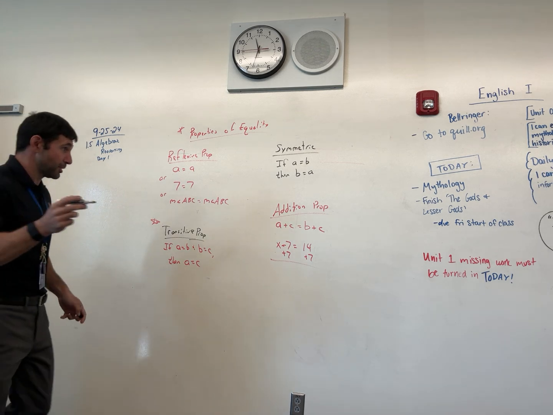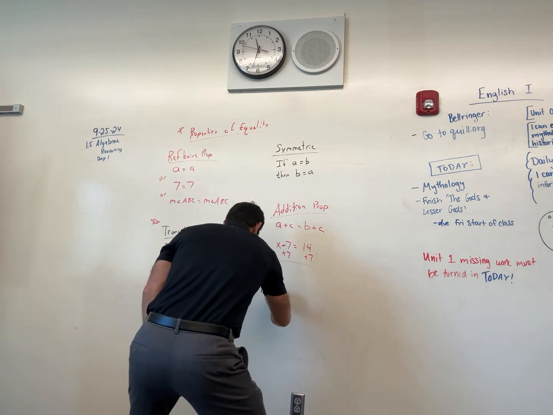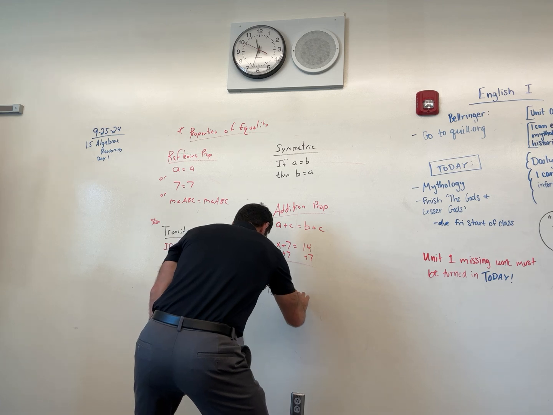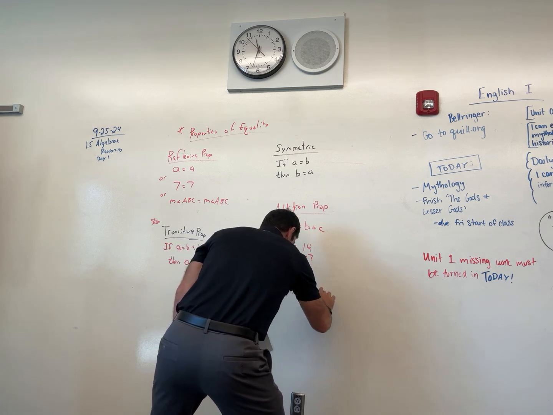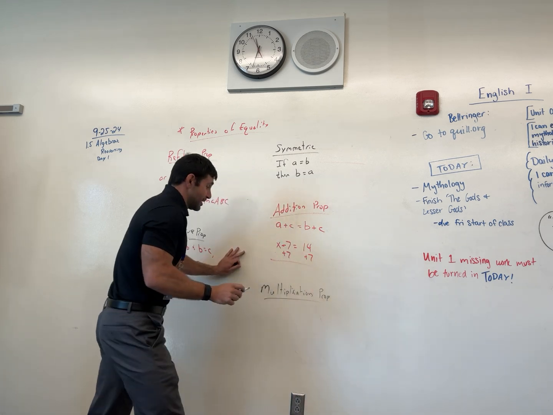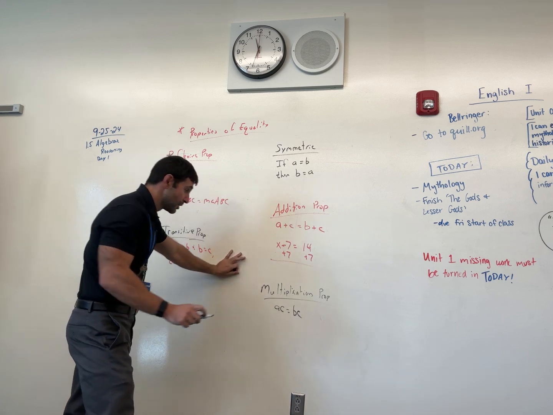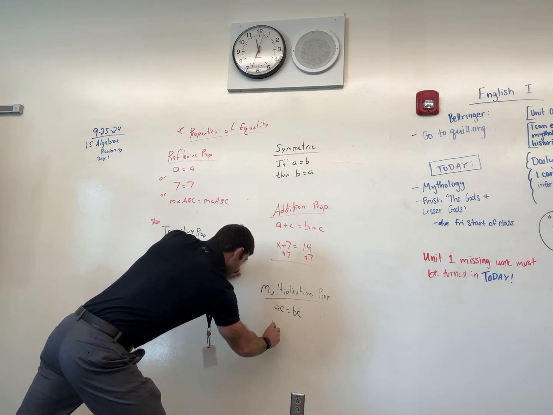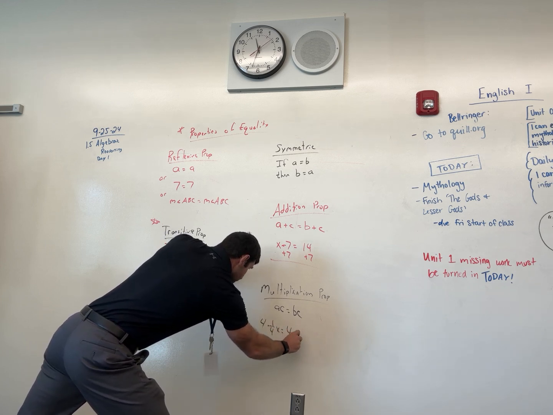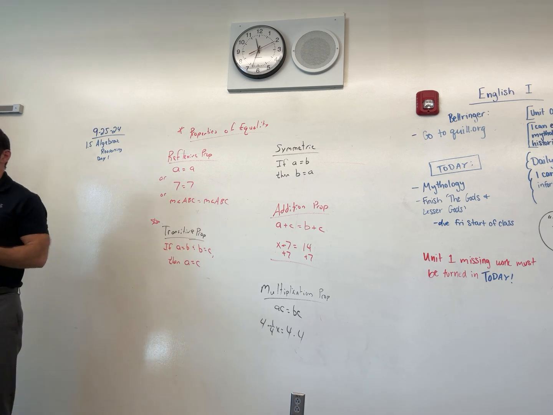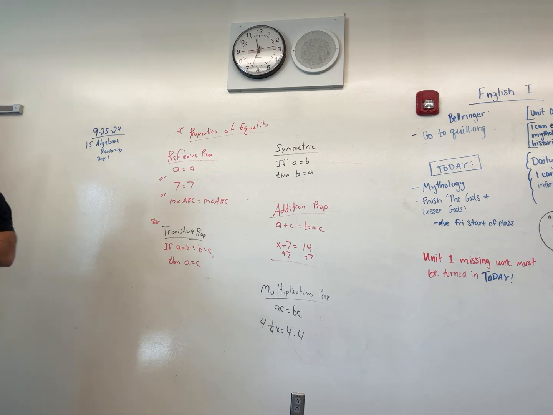The multiplication property, last one, says A times C equals B times C. So if I have 1/4 x equals 4, if I multiply this side by 4, I can multiply that side by 4. And that stays the same, as long as we're multiplying both sides by the same thing. A lot of properties, a lot of just definitions.